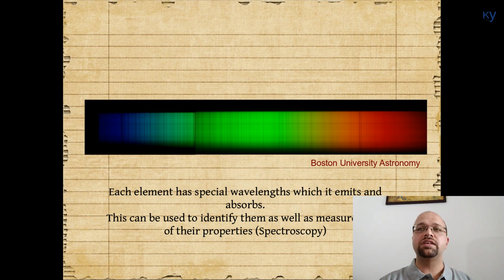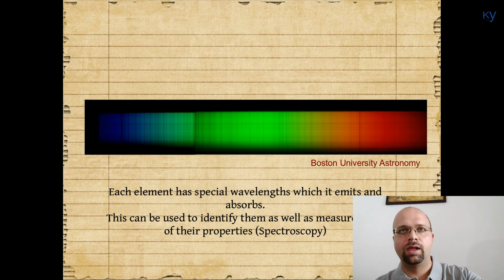The reason they are missing is that the elements in the sun absorb specific wavelengths of light. The whole science of using these missing wavelengths to identify what kind of material we are looking at, what kind of atoms are present in the substance, is called spectroscopy.